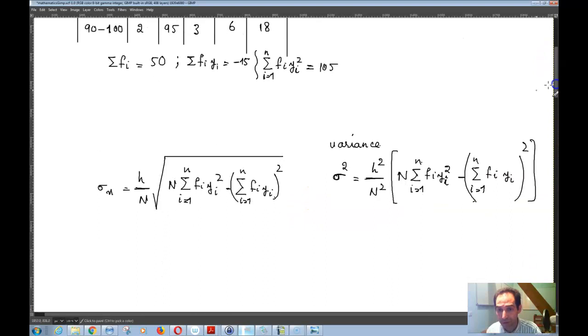So I can write sigma squared is equal to h squared, which is equal to 10 squared, which is equal to 100.